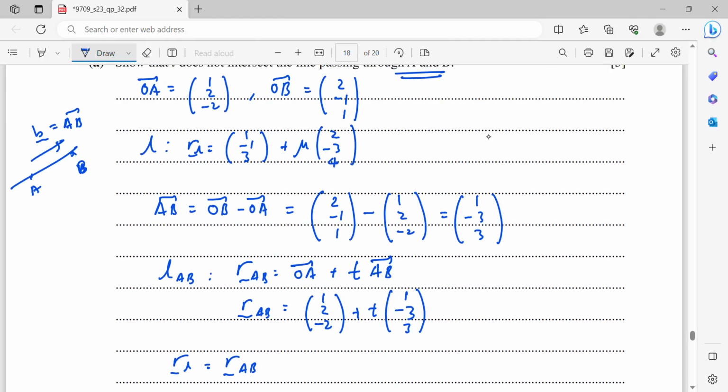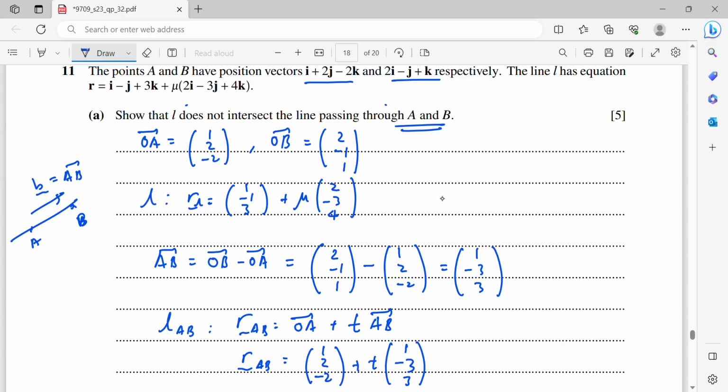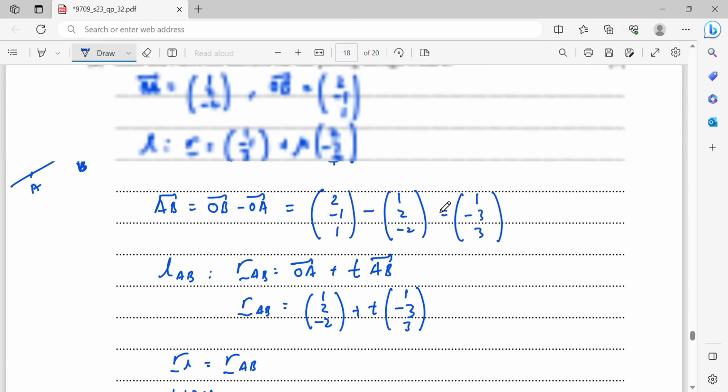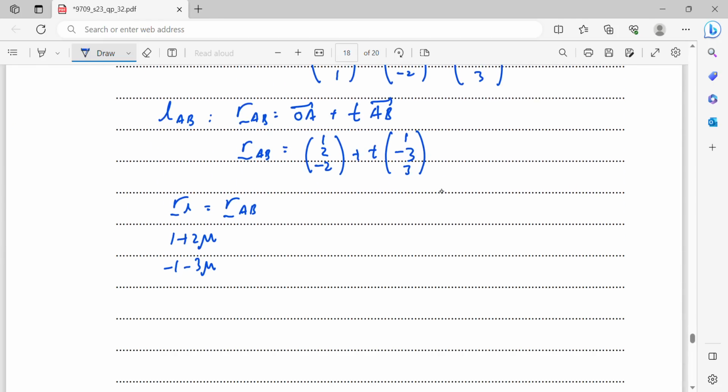I will get 1 plus 2 mu for the i component, then the second one will be minus 1 minus 3 mu, and then the k component will be 3 plus 4 mu. That all equals r_AB. It will be 1 plus t, then 2 minus 3t, and the last one is going to be negative 2 plus 3t.